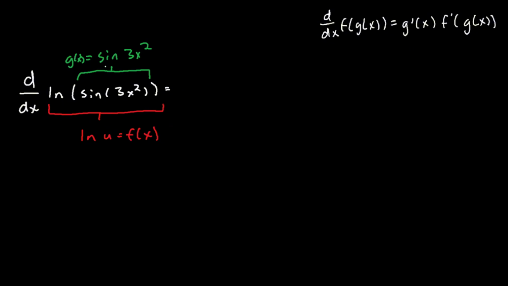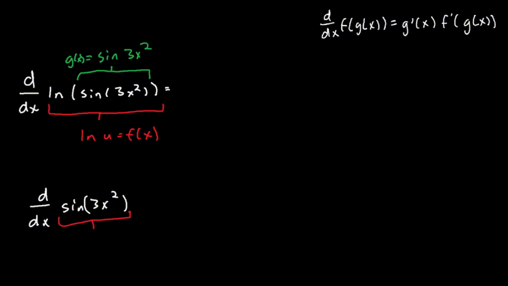So the derivative of g of x is the derivative of sine 3x squared. Now, for the derivative of sine of 3x squared, we have to use chain rule again. So we need to differentiate an outer function.